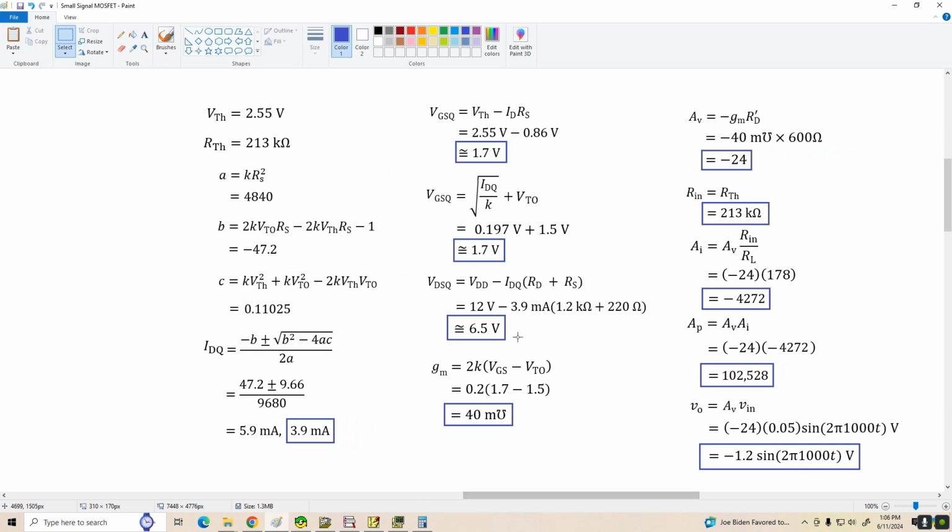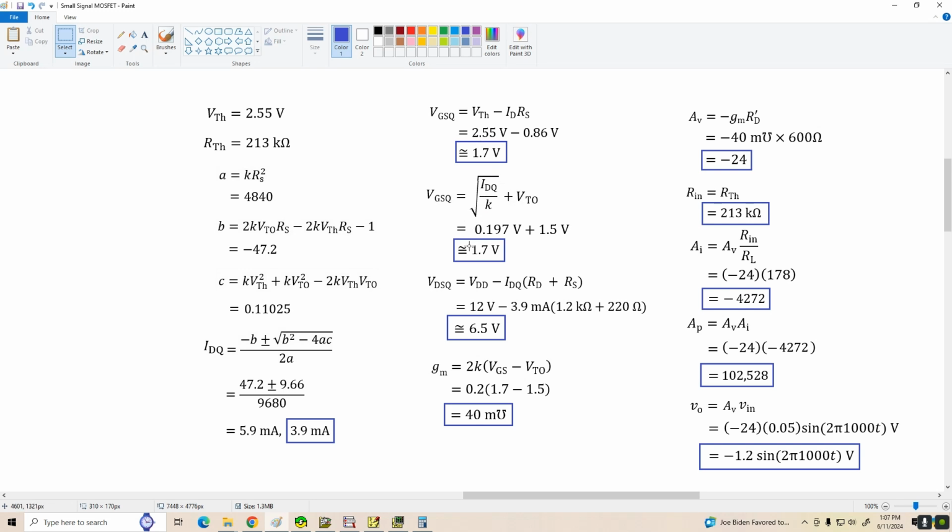Okay, so if you want to take a screenshot of this, you can. I guess I won't pull it over because it's a little bit too big to fit on the screen with the schematic. But anyway, we've got, again, an IDQ of 3.9 milliamps, VGS 1.7 volts, and we could find that graphically using Desmos, but you could also do it with VTH minus IDQ over K square root plus VTO.